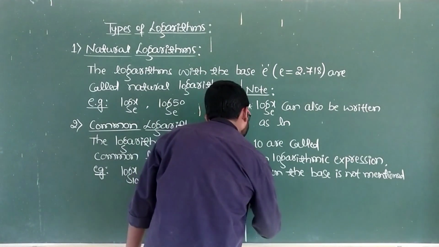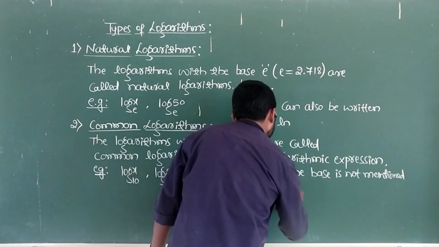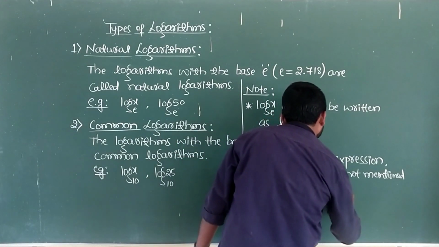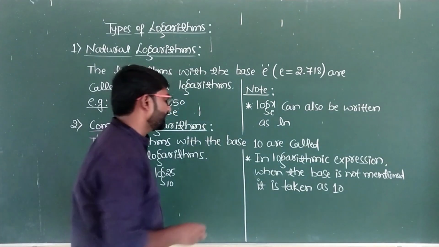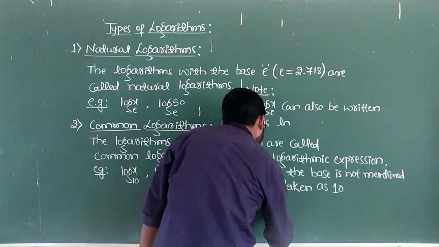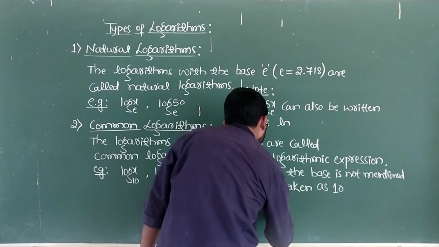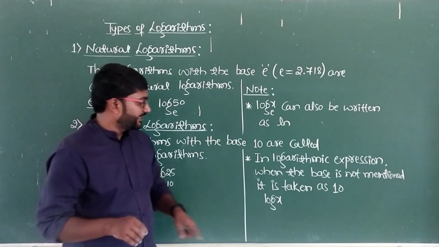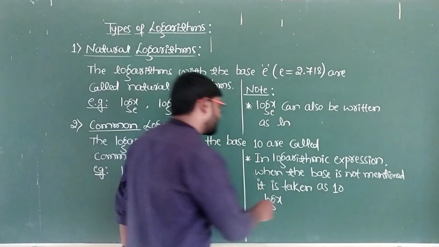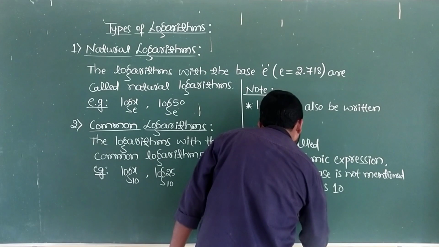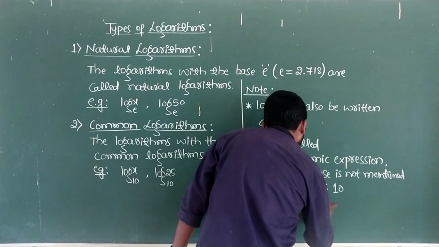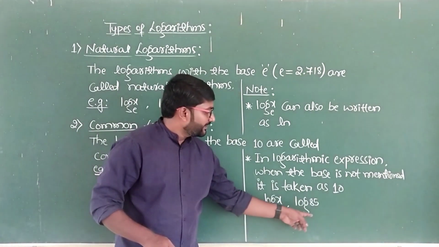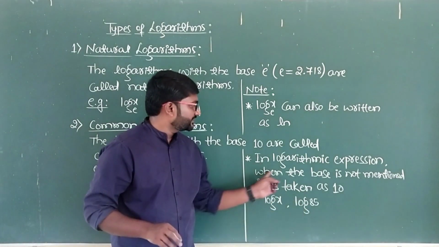For example, if only log x is written and the base is not mentioned, in this case we take the base as 10. Another example can be log 85. If they write only this, with no base mentioned, the base can be taken as 10. So this is the second point.